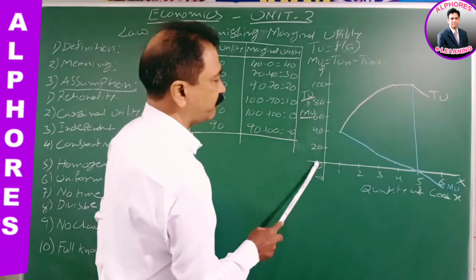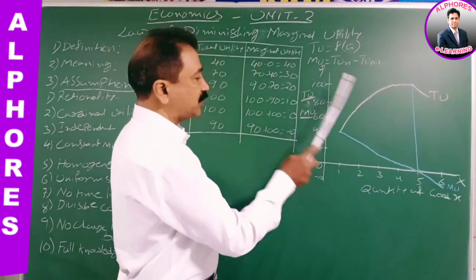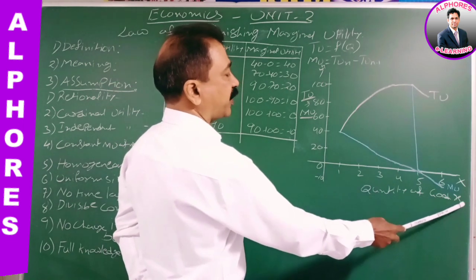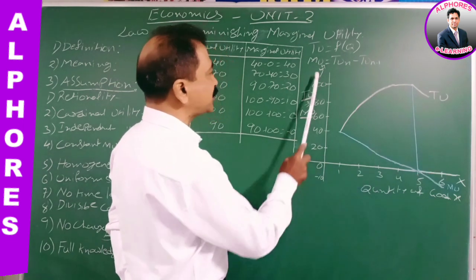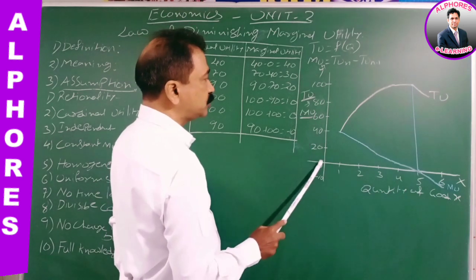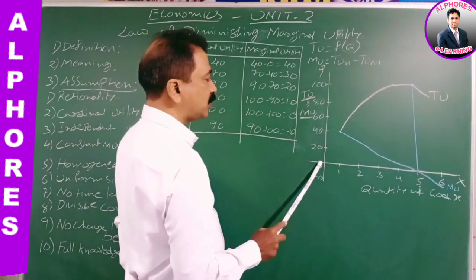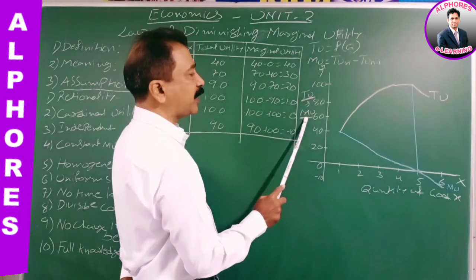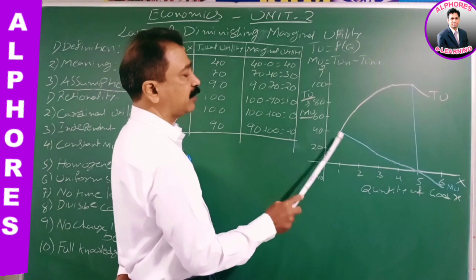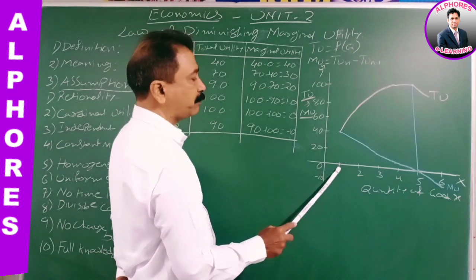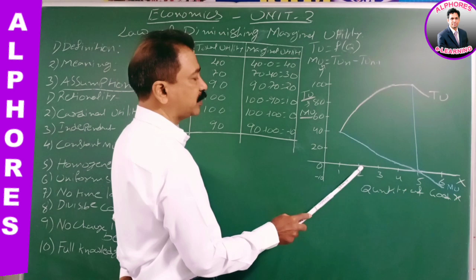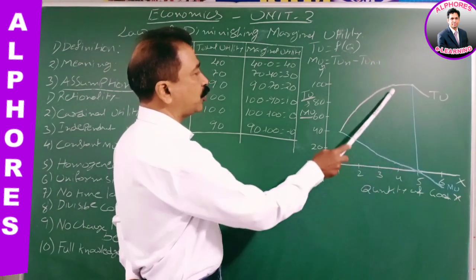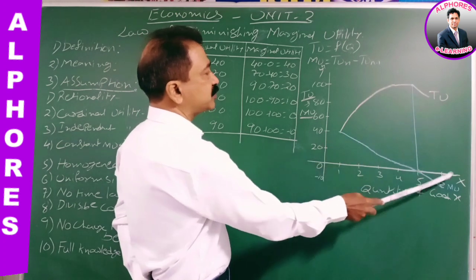Okay, here in the graph we have seen on the x-axis we put the quantity of good X. On the y-axis we are showing 0 to 100 utils and 0 to minus 10 utils, and we are showing total utility and marginal utility. With this we can observe when one mango is consumed, total utility is 40, second mango 70, third mango 90, fourth mango 100, fifth mango 100, sixth mango 90.